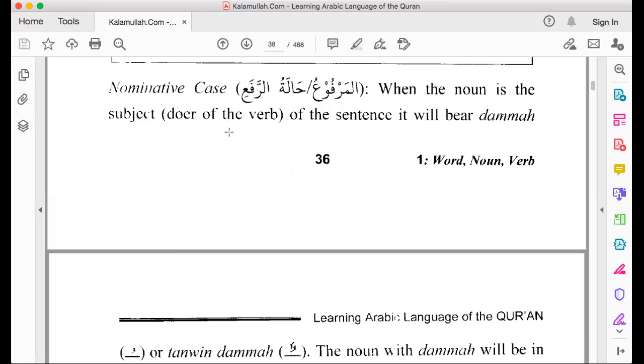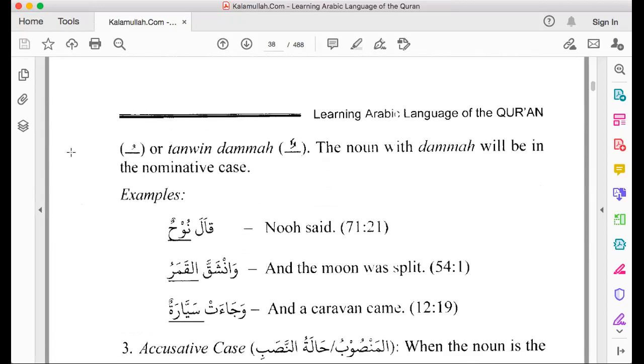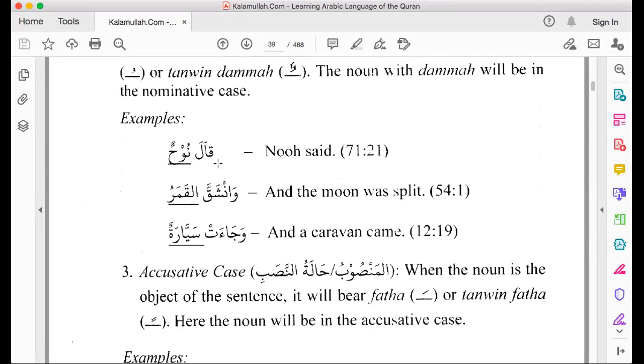The nominative case, as we discussed, when the noun is the subject, the doer of the verb, it will bear dhamma. It will bear single dhamma or tanween dhamma, which is the double dhamma. So let's look at some examples here. So, qala Nuhun.